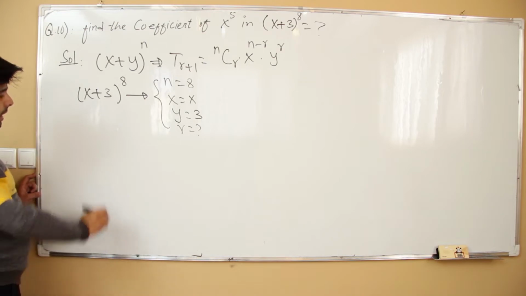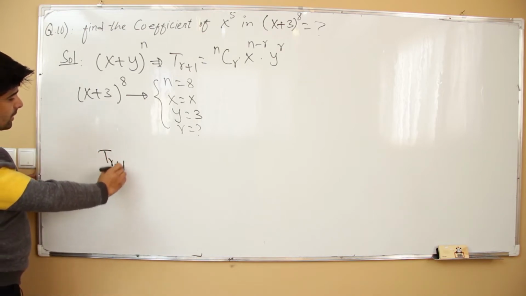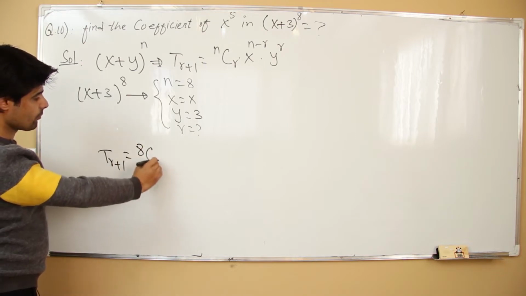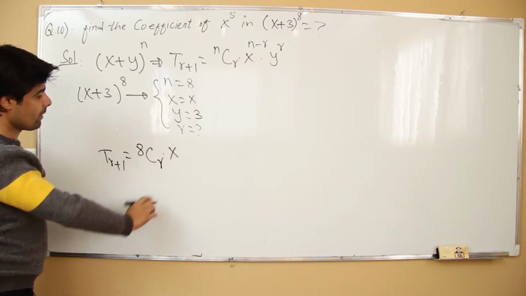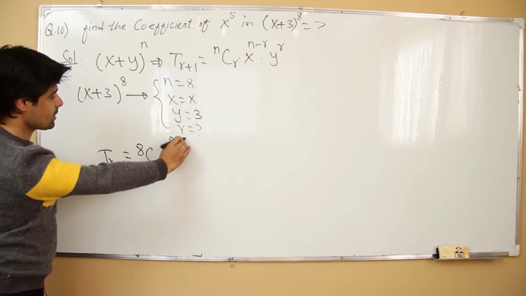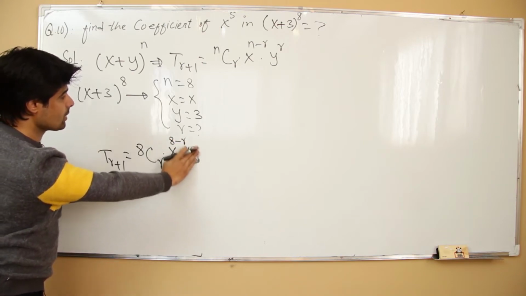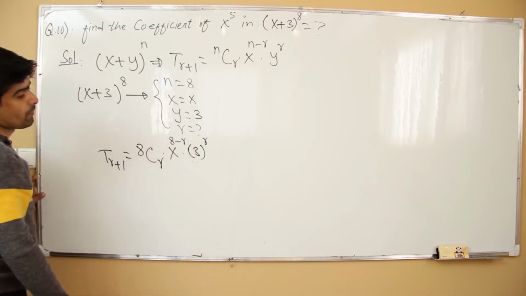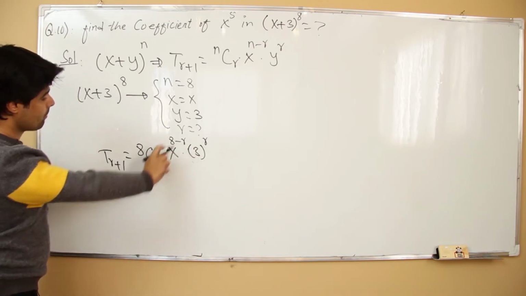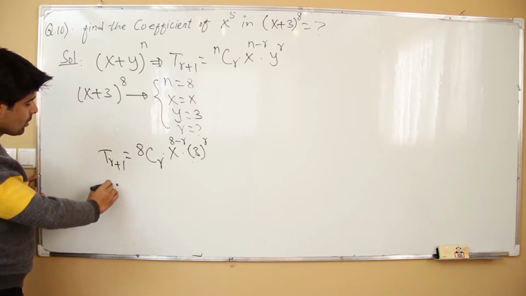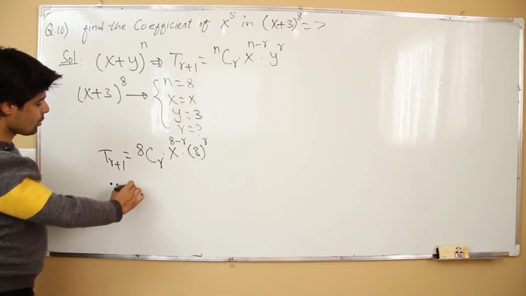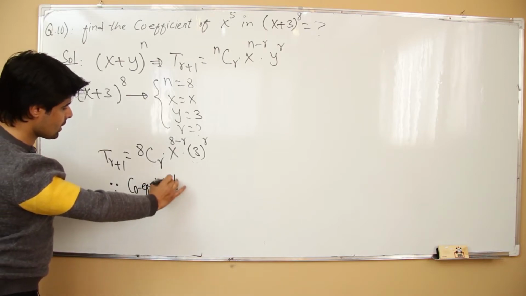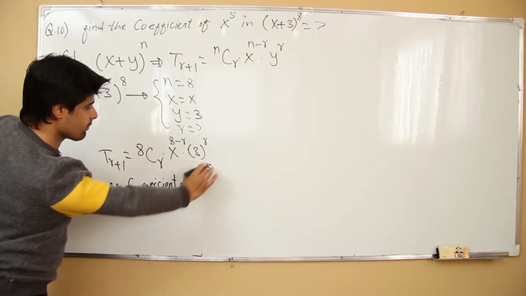I mean T(r+1) is equal to n is 8, C r we don't know, x to the power n, which is 8 minus r, y is positive 3 raised to the power r. We don't know r here, but what is asked is the coefficient of x to the power 5.